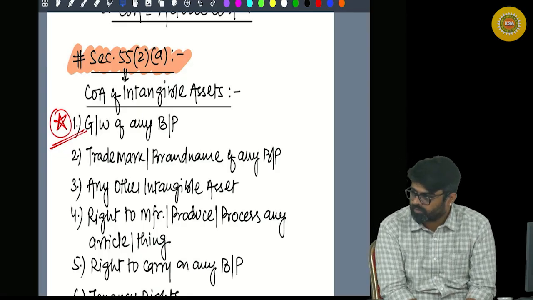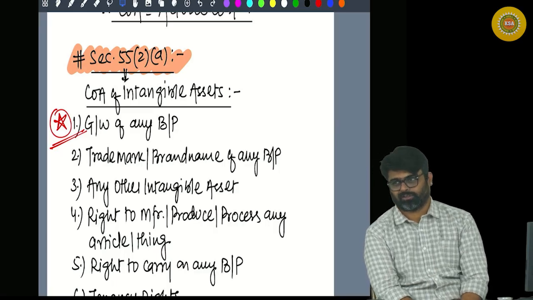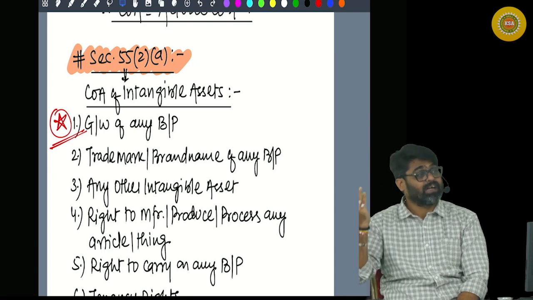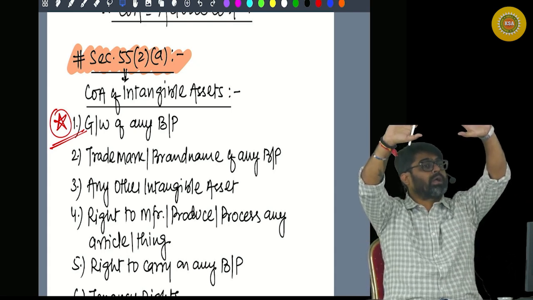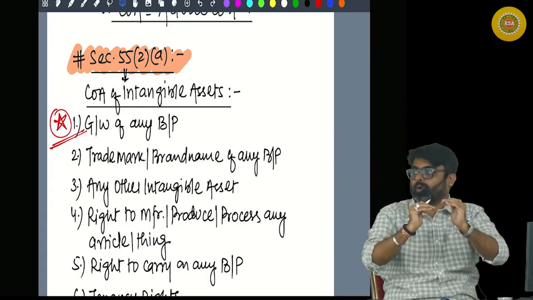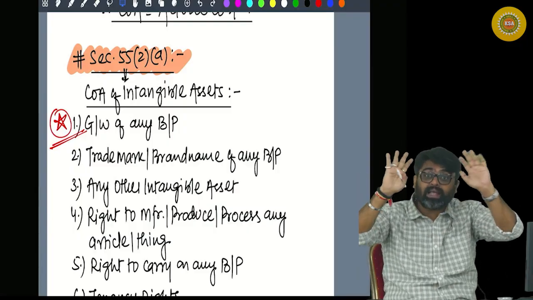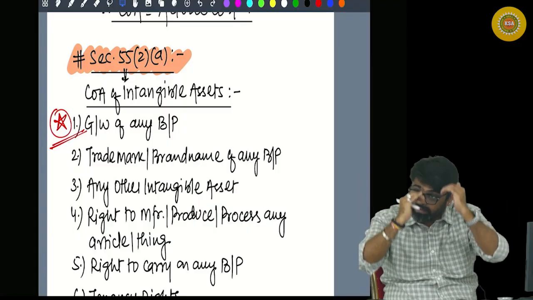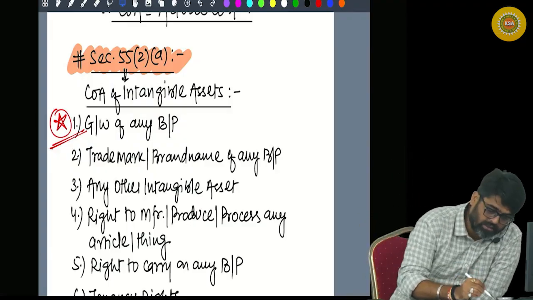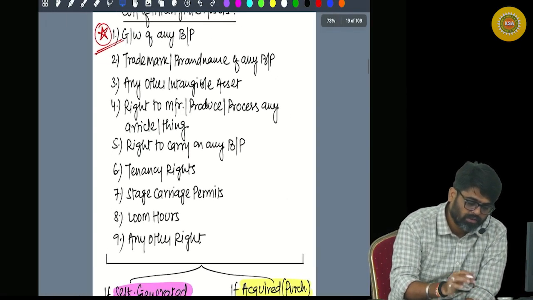So the cost of acquisition of intangible assets will not be actual cost, or actual cost or FMV, whichever is higher, as it is for all other assets. Intangible assets are considered separately under section 55(2)(a), which talks about these assets.